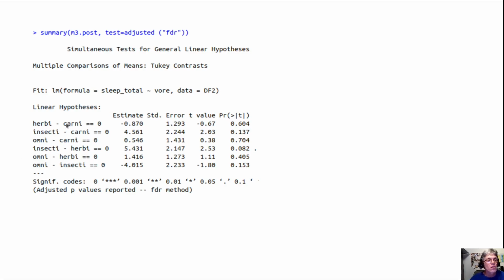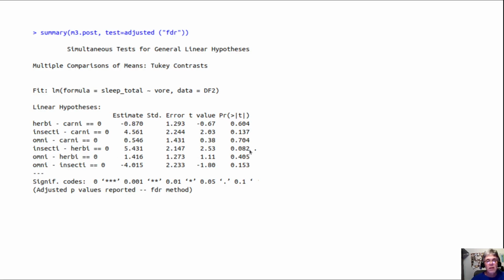So this shows the comparisons, the estimates of the mean difference of some of the groups. The top 3 were the ones that were shown in the summary of the model M3, and here we have the standard errors of each difference of means, the t-value obtained as the ratio between the estimates and the standard error, and the p-values.